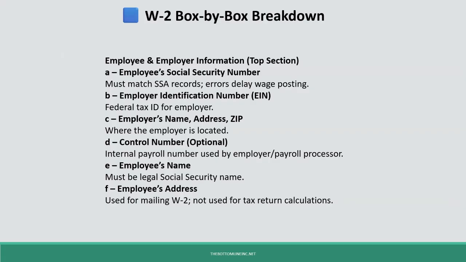For an employee, we call it a Social Security number, or an ITIN if they're an immigrant, and the employer identification number is their EIN. We'll have an employer's name, address, zip code. Sometimes, if it's a large employer, they'll have control numbers, then the employee's name, and it has to match their Social Security card, and the employee's address.